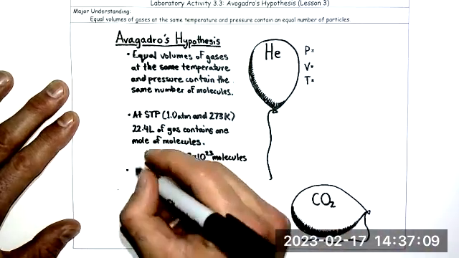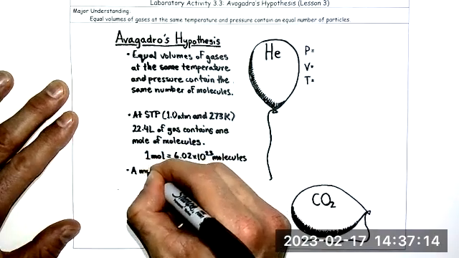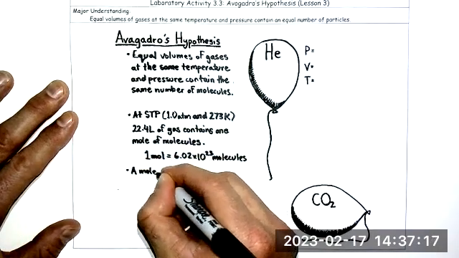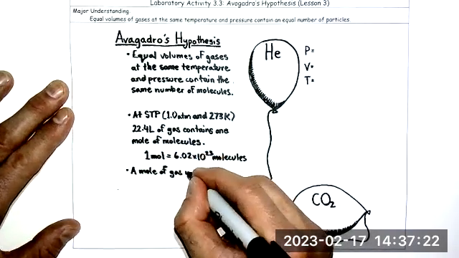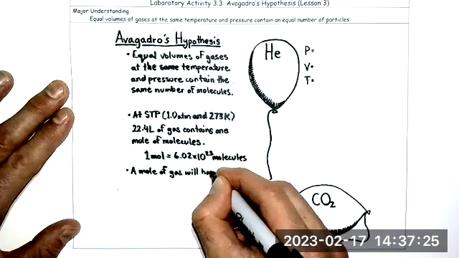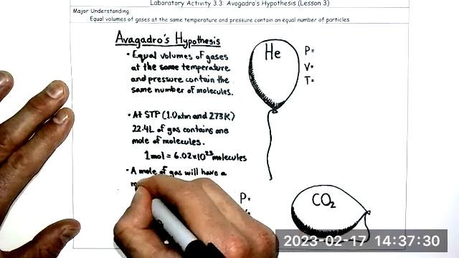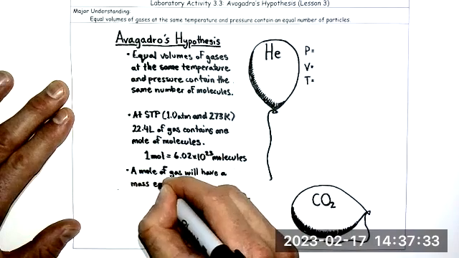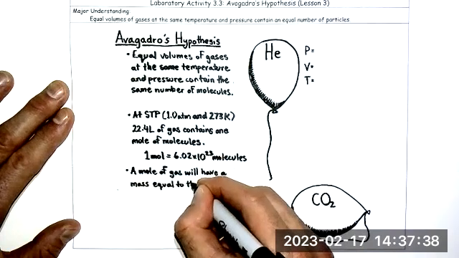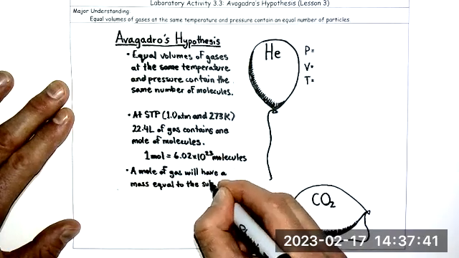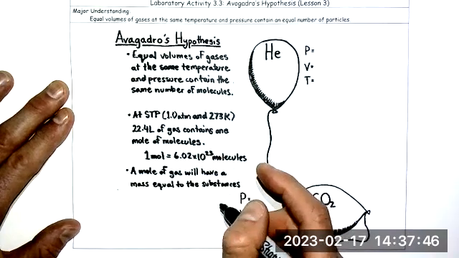And the reason why this is important is because a mole of gas will have a mass equal to the substance's gram formula mass.